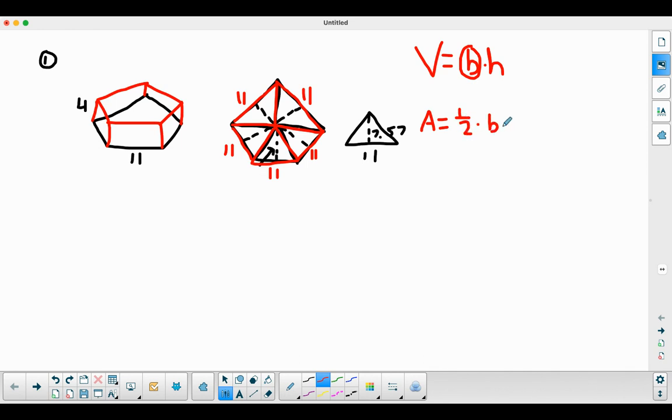So the area of a triangle is 1/2 times base times height. So we have 1/2 times 11, that's our base of this triangle, times the height, 7.57.